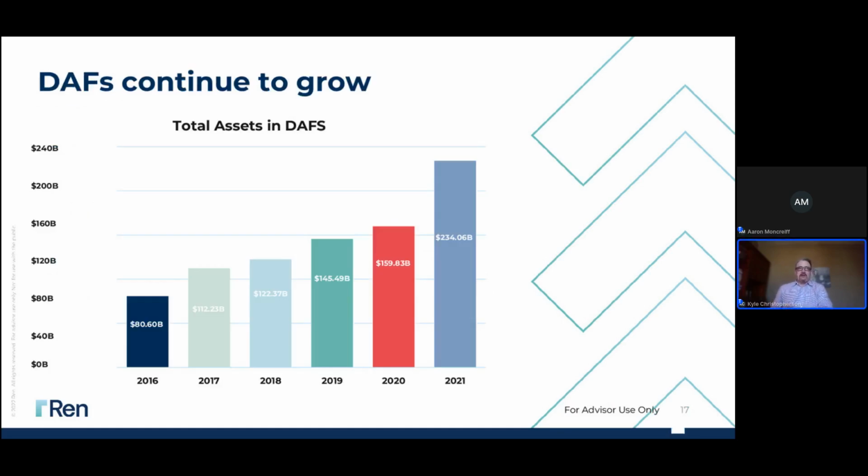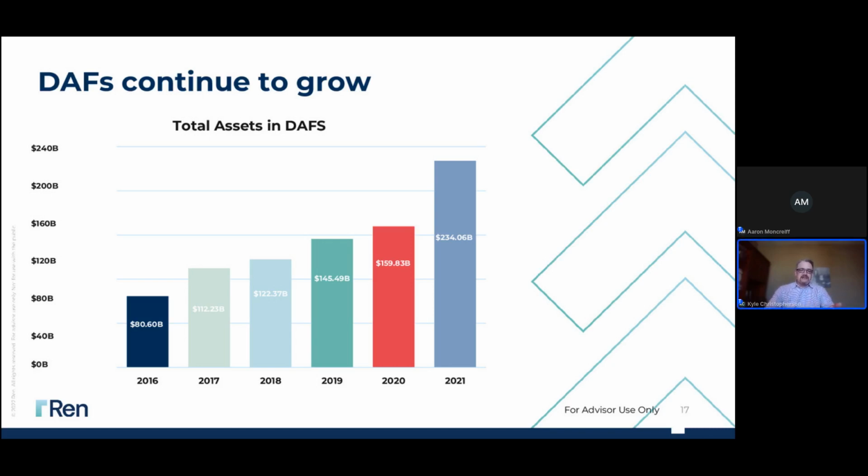Now, are DAFs popular? Are they growing year over year? I think what you're going to find here is that even when looking at the donor advised fund market, it's really synonymous with the charitable giving market as a whole. You'll notice that it's growing year over year, regardless of the economic activity that you see out in the marketplace.